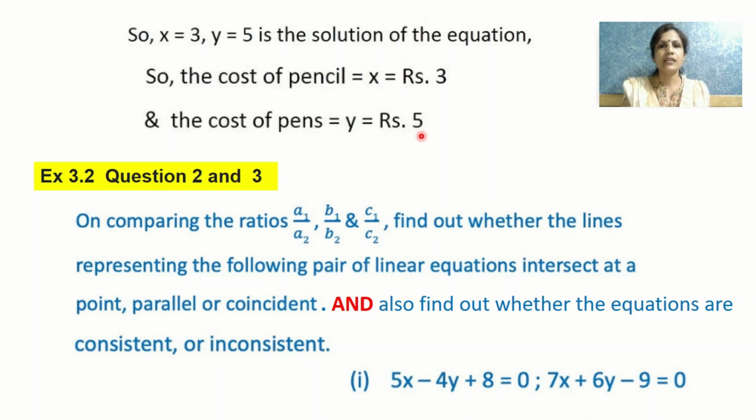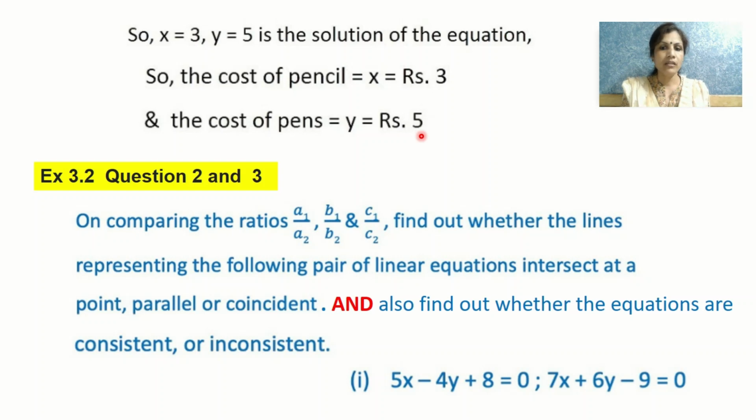Now this is exercise 3.2, question number 2 and 3 combined we are taking. Question is on comparing the ratios A1 upon A2, B1 upon B2 and C1 upon C2, find out whether the lines representing the following pair of linear equations intersect at a point, are they parallel or coincident, and also find out whether the equations are consistent or inconsistent.